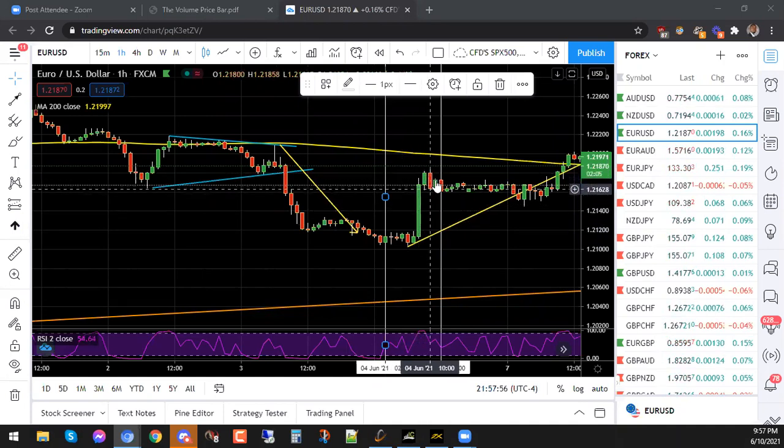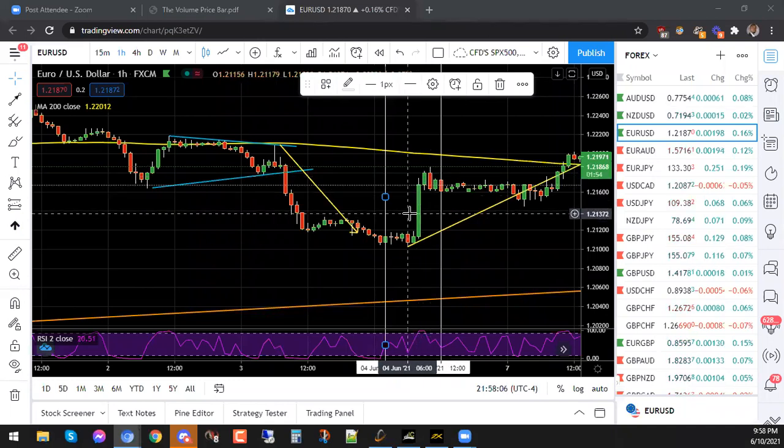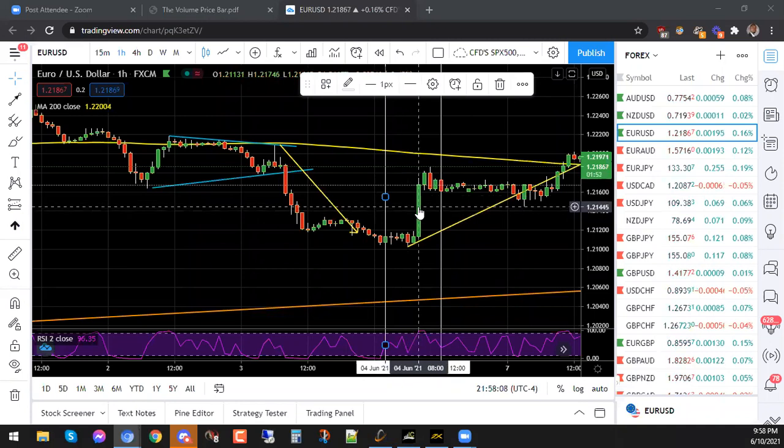You exit again if you get a red candle coming in between 8 a.m. If you have a red candle at 8 a.m. to 9 a.m., so if you have one open at 8, close at 9, and it's red and you're in a long trade, you exit. If it opened at 9, closed at 10, it's a red candle, and you're in a long trade, you exit.